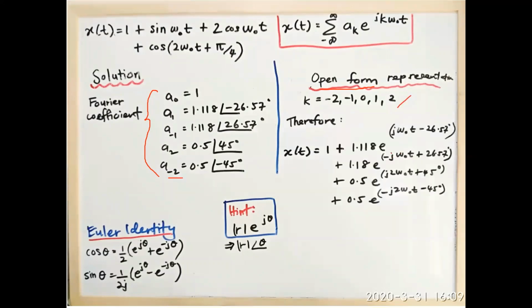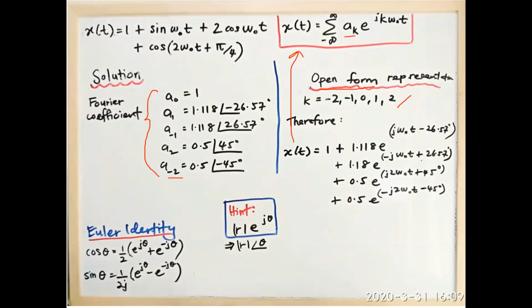So from here, you're going to refer back to this equation. x(t) is equivalent to a naught, so you have 1, plus ak value. See what a1 is: 1.118 e^(j omega t) with the phase value minus 26.57 degrees, plus 1.18 e^(minus j omega t) plus 26.57 degrees.